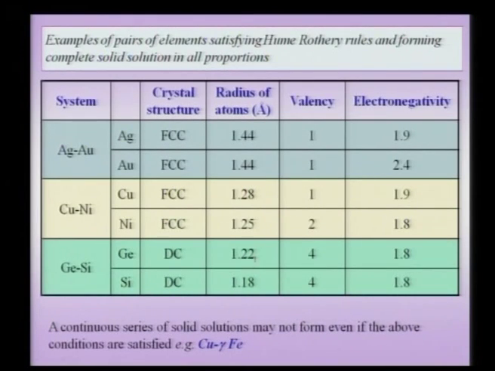Of course, even this difference would mean that there will be some strain, but the strain would be small. The valency is identical and the electronegativity difference is also negligible. Therefore, you can see that these are nice examples wherein you get complete solid solubility, wherein the elements obey our Hume-Rothery rules.